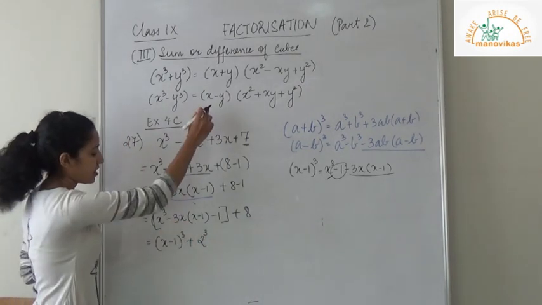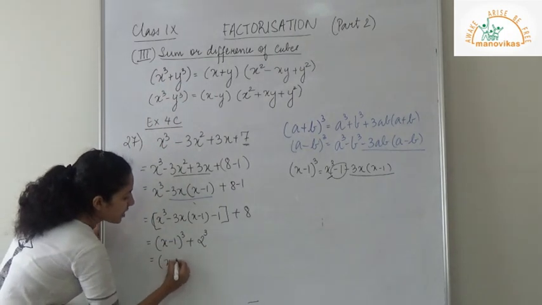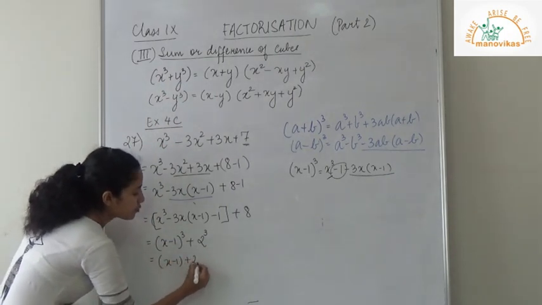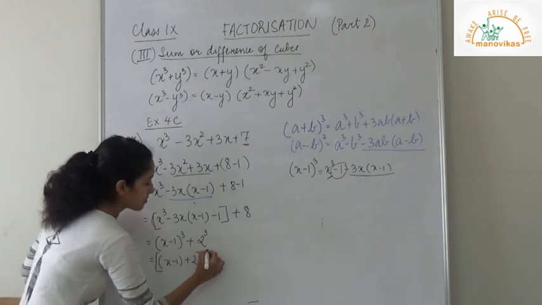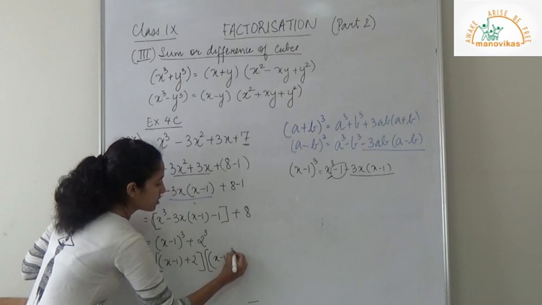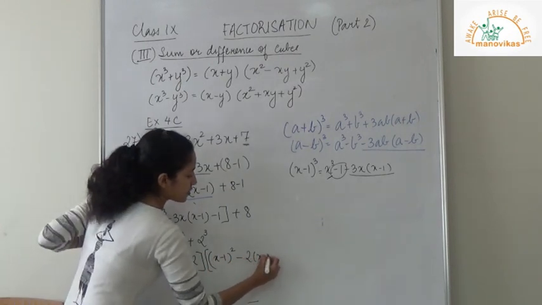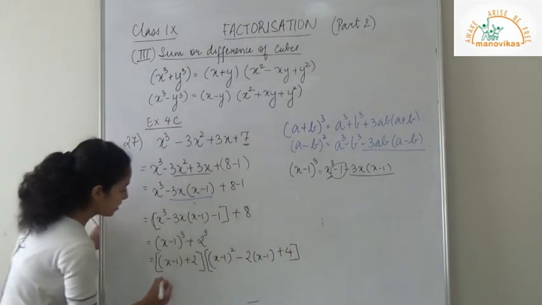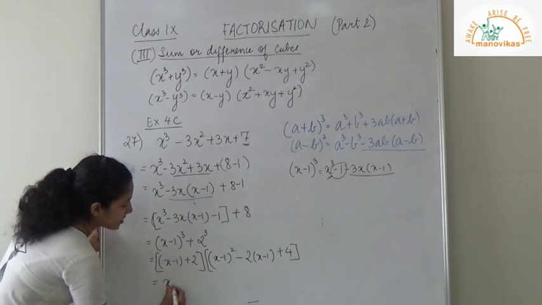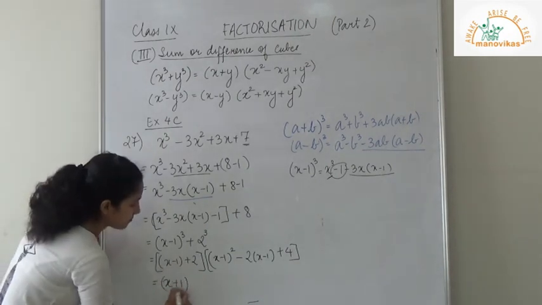So now we use the sum of cubes identity, which gives x minus 1 plus 2. Then the second bracket is x minus 1 the whole square minus 2 times x minus 1 plus 2 square, which is 4. Opening up the bracket, x minus 1 plus 2 is x plus 1.